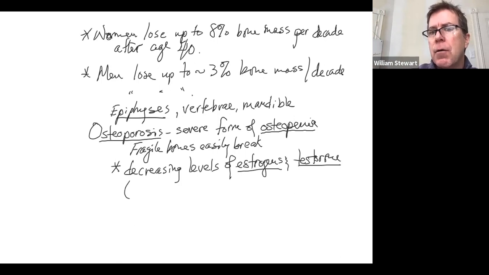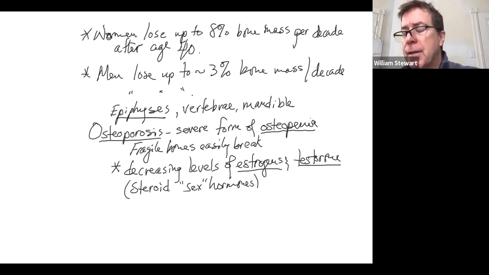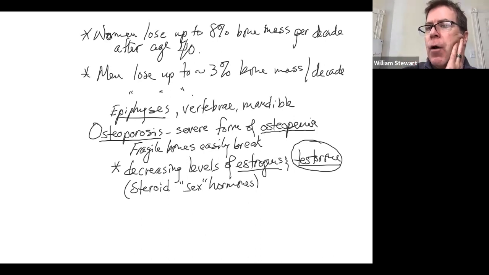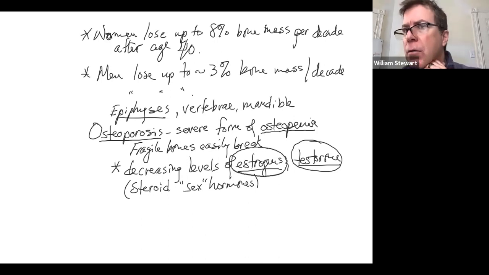So I'm just going to write steroid refers to their biochemical design or makeup. They're steroid sex hormones. And as we age, they decrease. In men, the decrease of testosterone production occurs really after about age 30, but in most men it's a very slow, steady decrease. In postmenopausal women, the drop off of their estrogens is a lot more acute, much more severe.